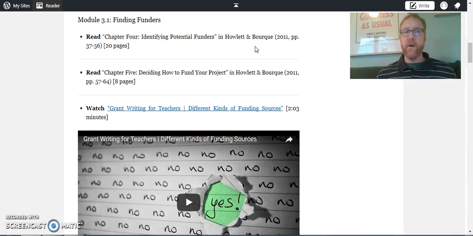There are also other sorts of special interest groups that might have funding available, and a whole host of others, which you will find out about in these chapters. So figuring out which of those areas of funders might be the most likely to have the best fit for your funding need and your organization's mission or goal is going to be the trick here.